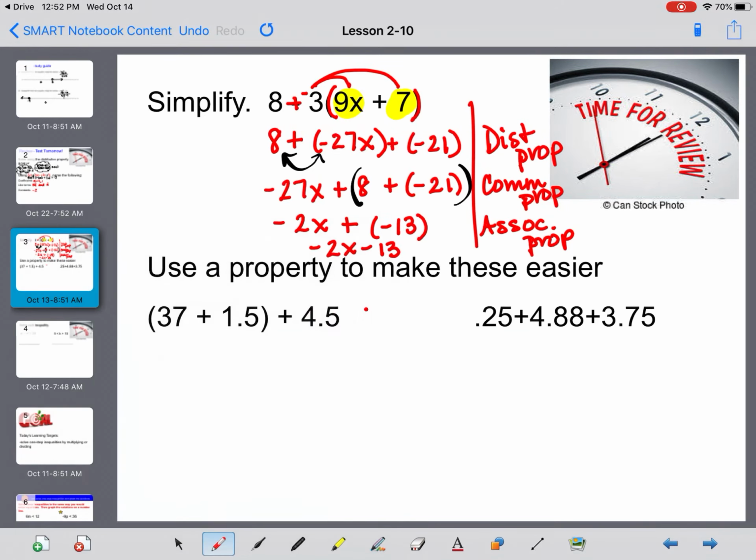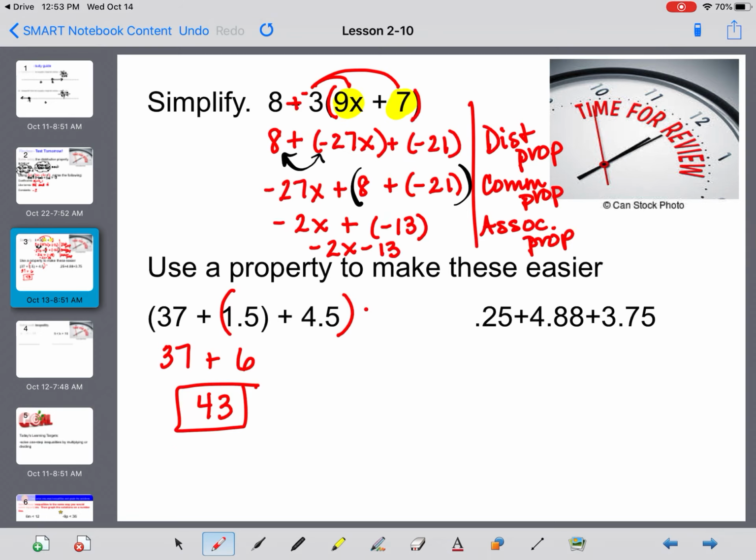In this case, it would be really slick if we could regroup these and put parentheses around the 1.5 plus 4.5. That's the associative property that allows that, because the associative property changes the grouping, and you get 37 plus 6. 37 plus 6 is 43.